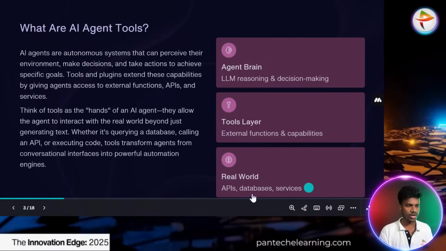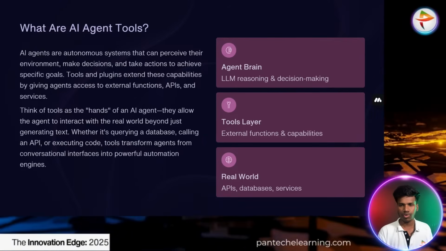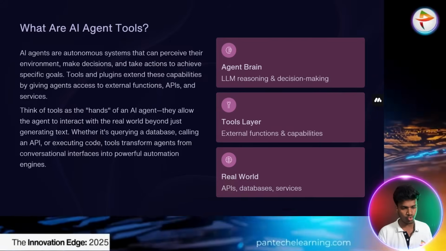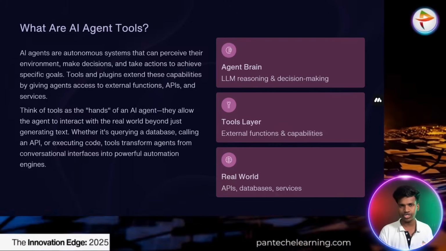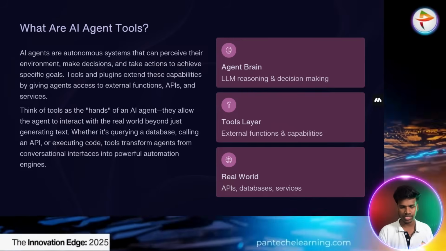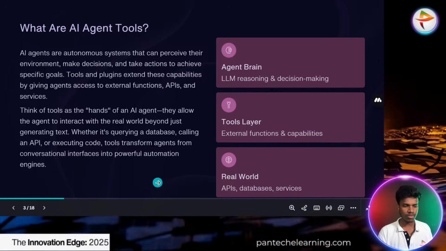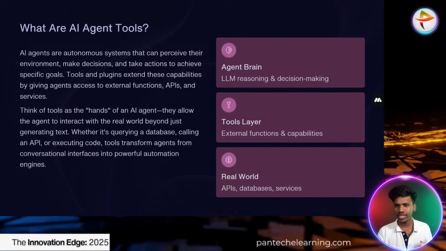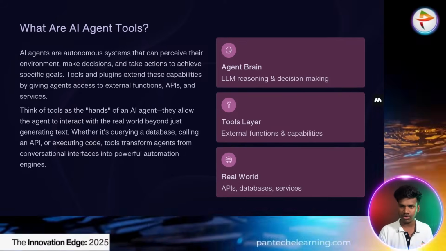First, what are AI agent tools? AI agents, as we already know, is the technical term for every AI tool. AI agent tools means all the additional things we have to execute in this concept. AI agents are autonomous systems that can perceive their environment, make decisions and take actions to achieve specific goals.